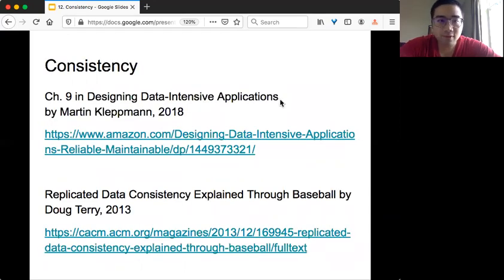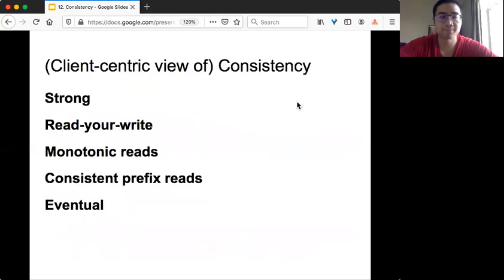The content of today's lecture is based on two readings. One is chapter 9 in Martin Kleppmann's book, and the other is a great article by Doug Terry, which is about data consistency models. They are sometimes very abstract, but he used a nice abstraction, an example of baseball, to explain why we care about different kinds of consistency and the correct usage of different consistency models.